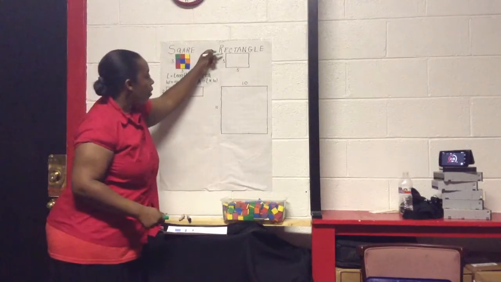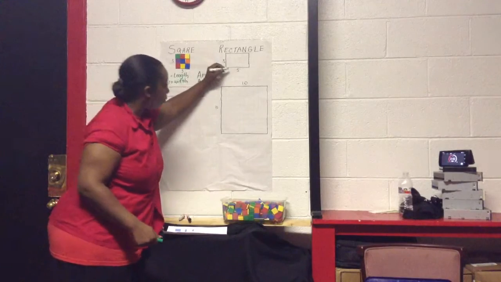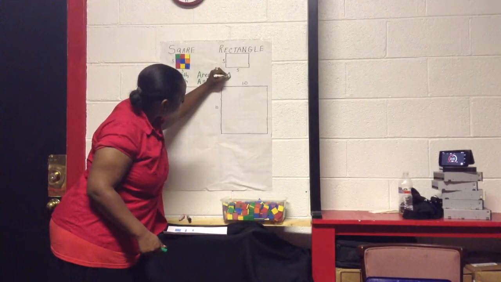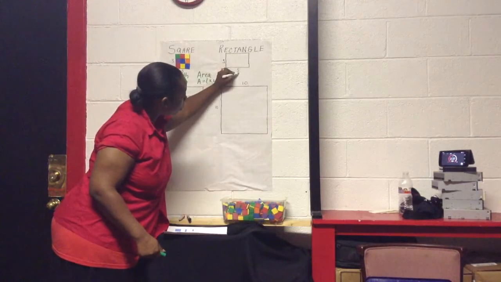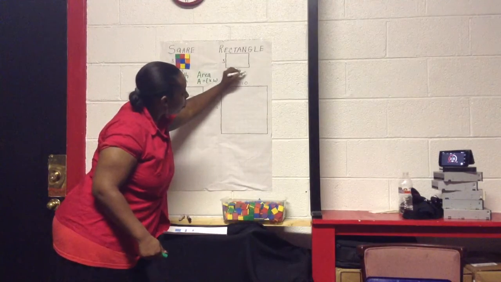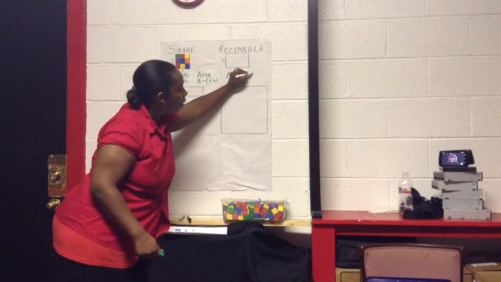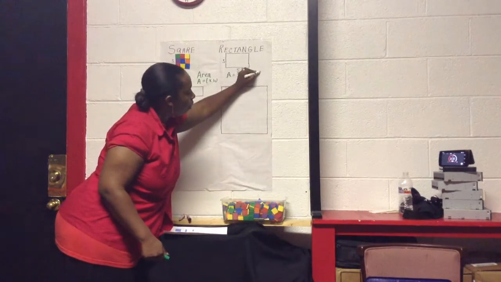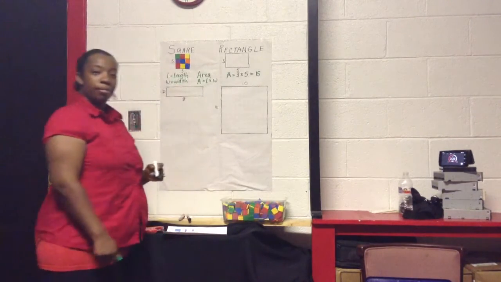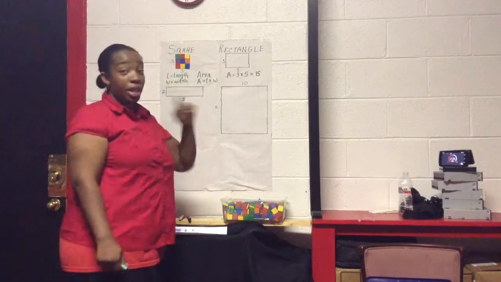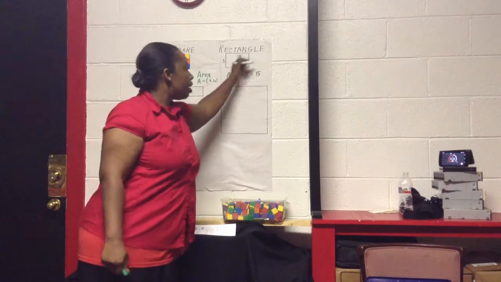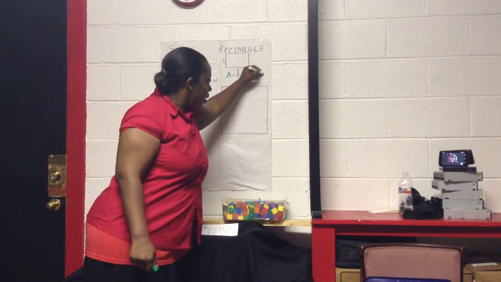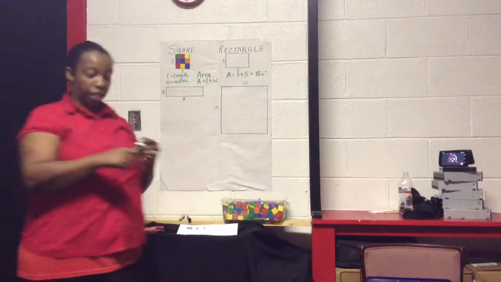Area equals the length, which is 3, times the width, which is 5, equals 15. And we're dealing with inches, so the answer is 15 square inches.